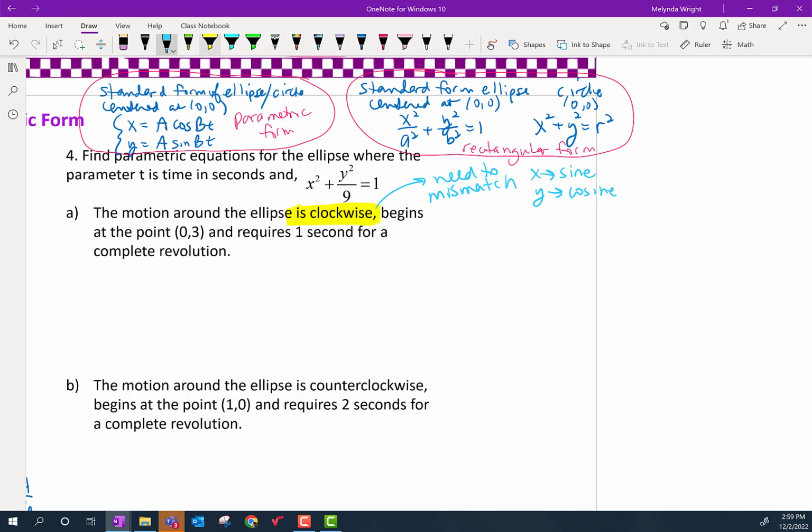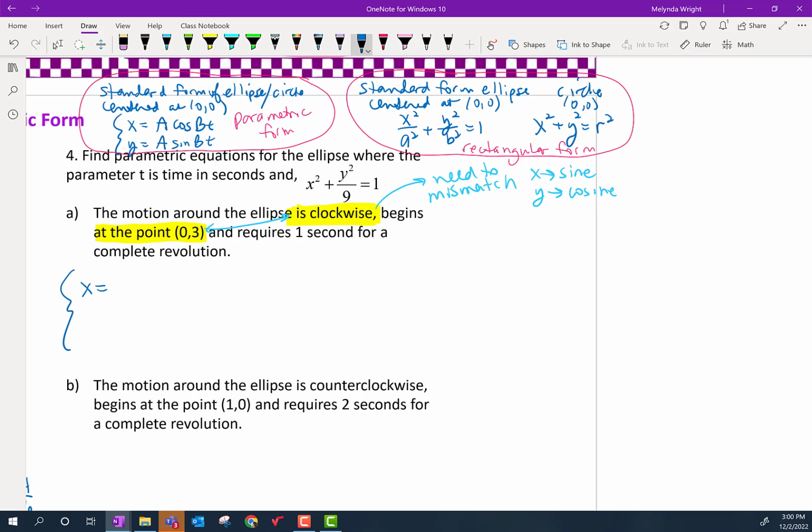And the clockwise takes care of starting at this point. We don't need to worry about that. Those are related for us. We don't need to worry about starting at the point because going clockwise, mismatching these is going to cause it to happen. All right, so let's start building our equations.